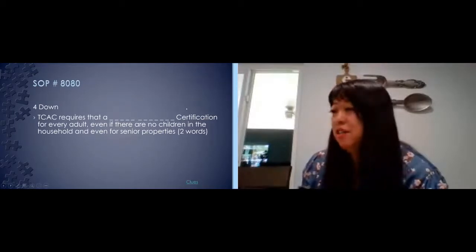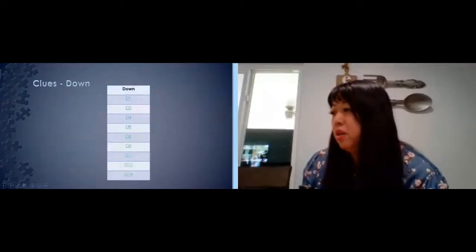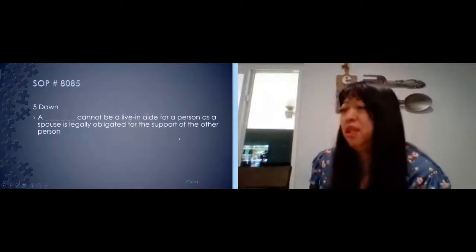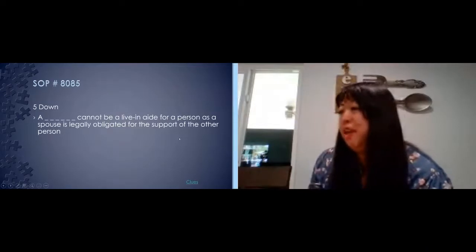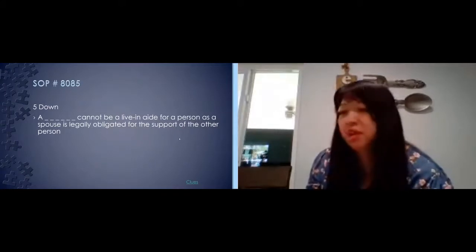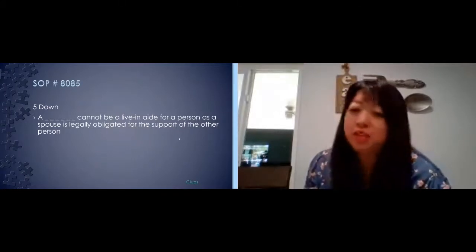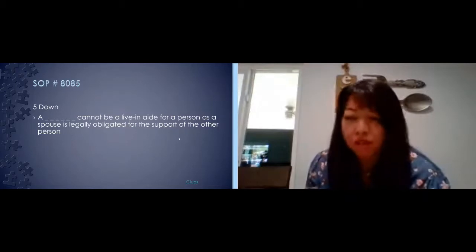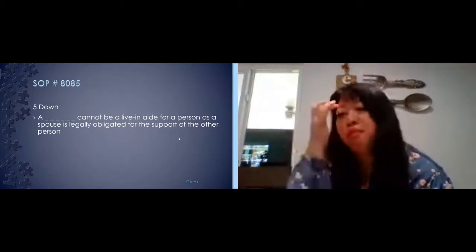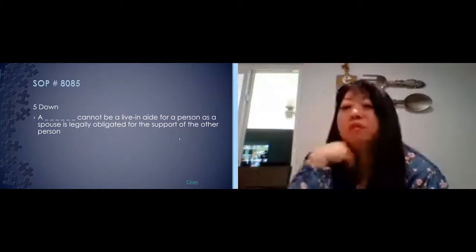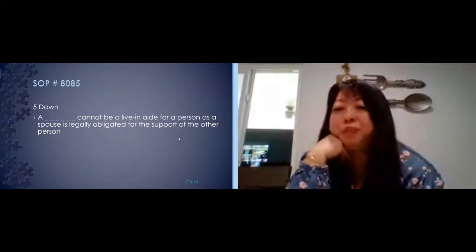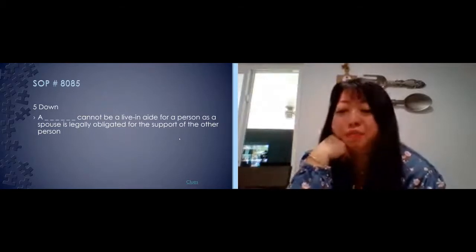Okay, moving on to the next clue. We're gonna go to 5 down. A blank cannot be a live-in aid for a person as a spouse is legally obligated for the support of the other person. So I know Scott Michael talked about this a little bit yesterday, so we're gonna get some clarification on this, but we'll be talking about it a little bit more.